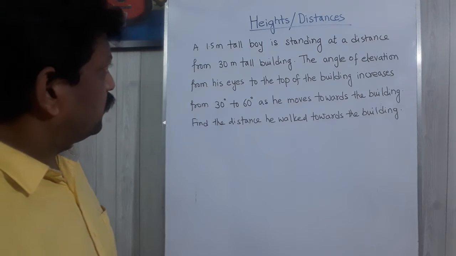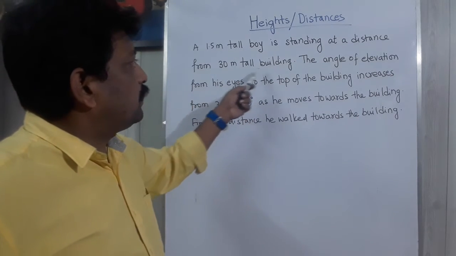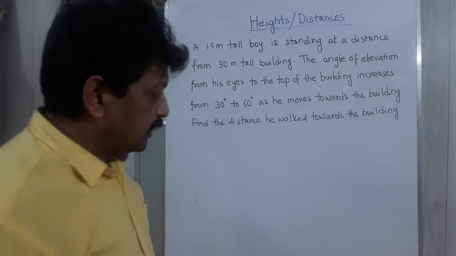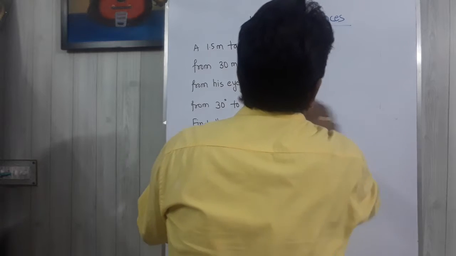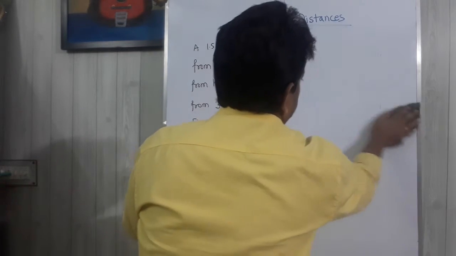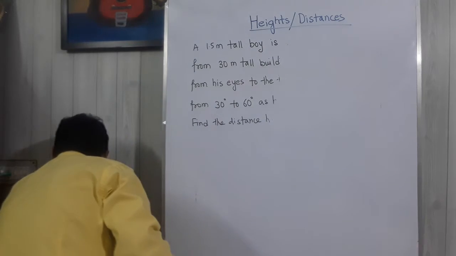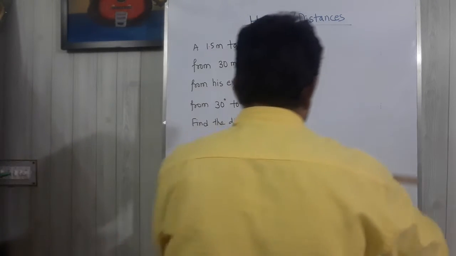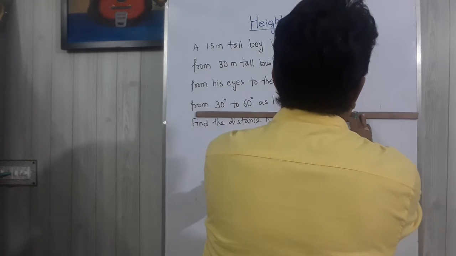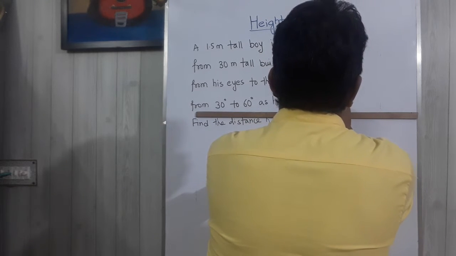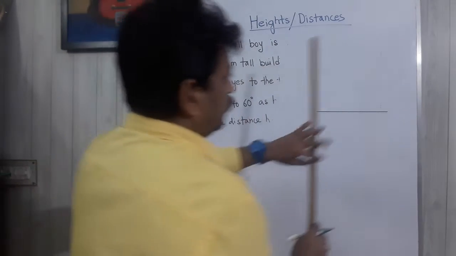So first of all, we have to draw a 30 meter tall building on the ground, on the horizontal level. This is the horizontal level.